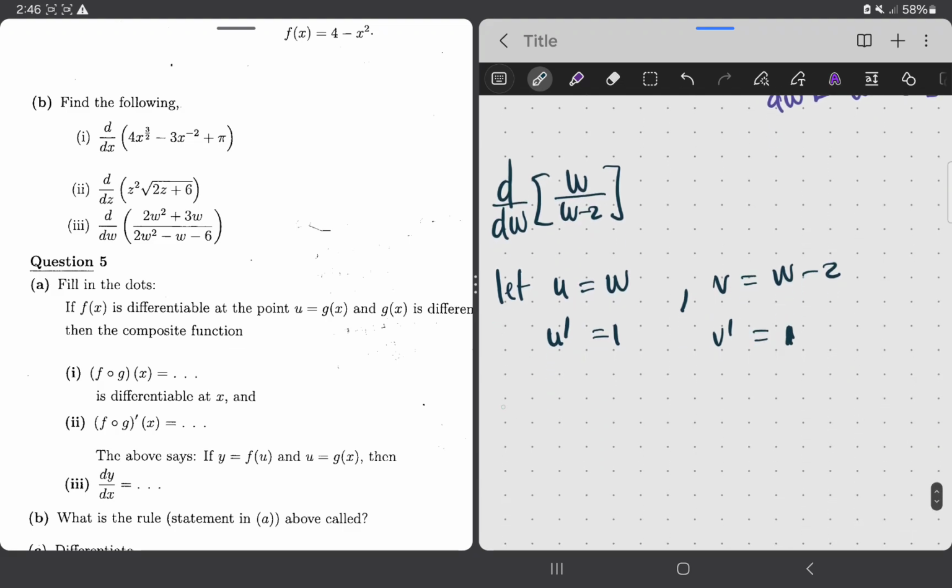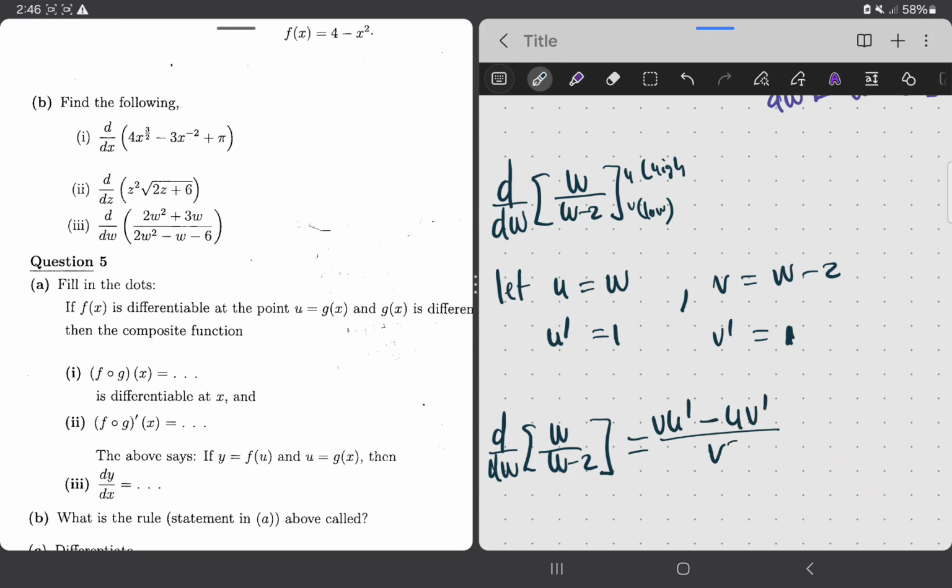So we use the quotient rule. Remember that this is going to be u, this is going to be v; this is going to be high, and this is going to be low. It's low d high, minus high d low, over square the bottom: low v, d high u prime, minus high u, d low v prime, over v squared.